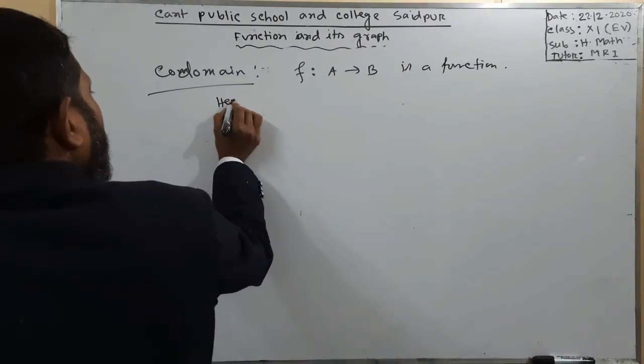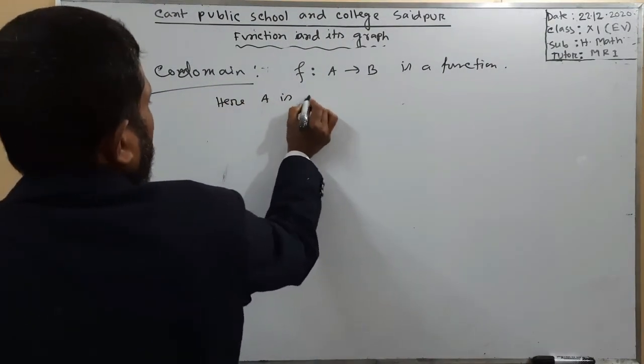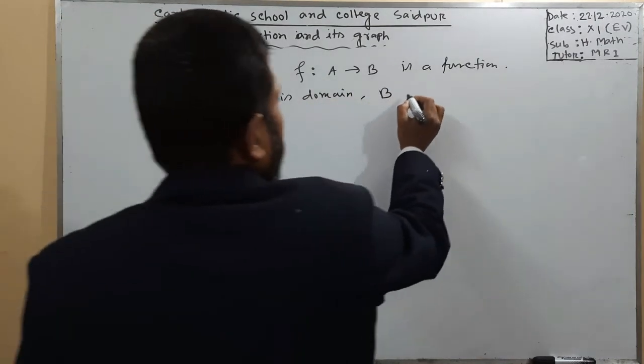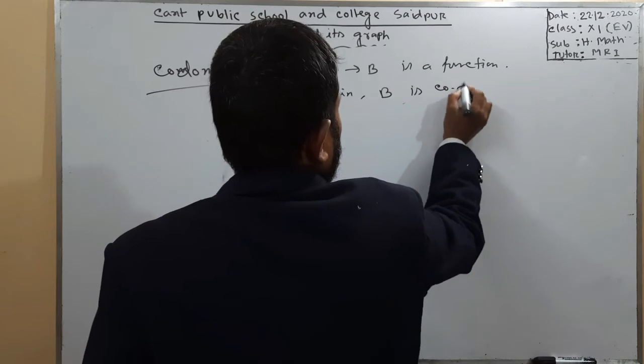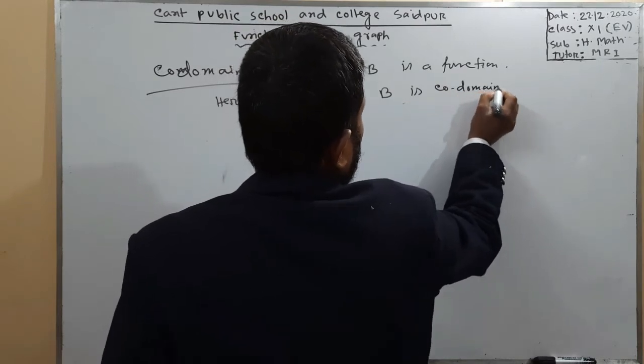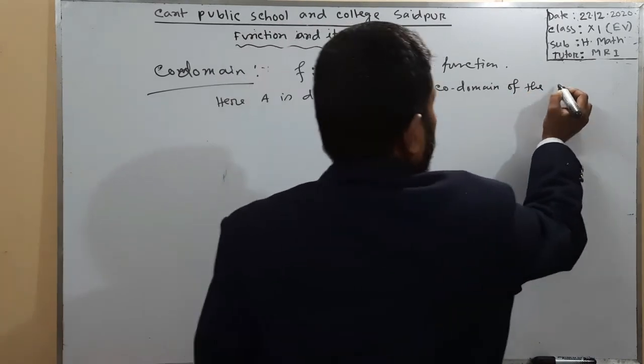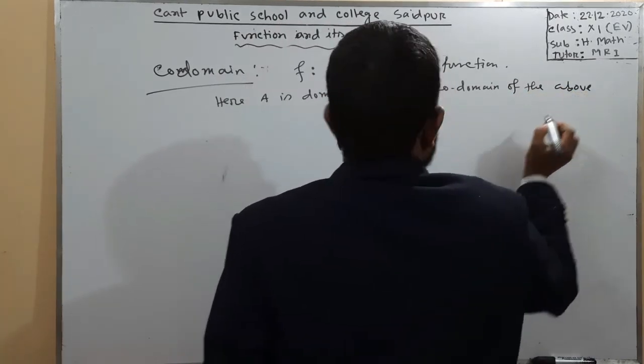Here A is the domain and B is the codomain of this function.